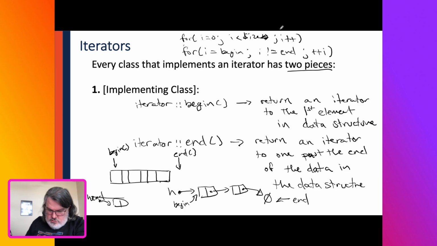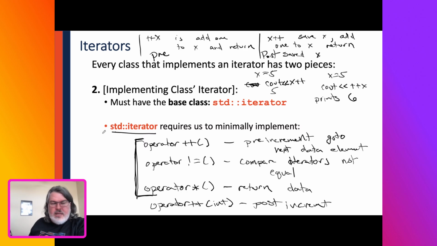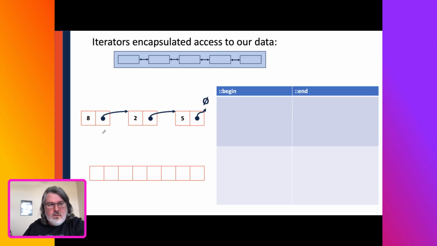So if your class has these two and your iterator has these three, you have an iterator interface. It's not required; this is the minimal piece that's required. Again, we've sort of seen it and we'll see a little bit more. It's actually operator int, not size t. Okay, so let's start trying to write our iterator interface. What is begin going to do?